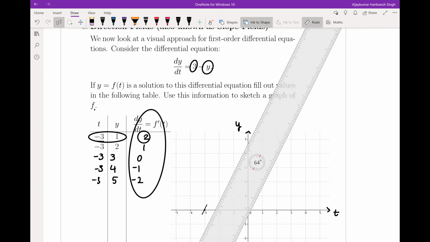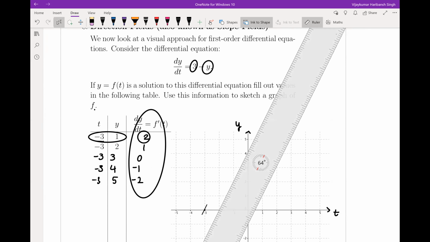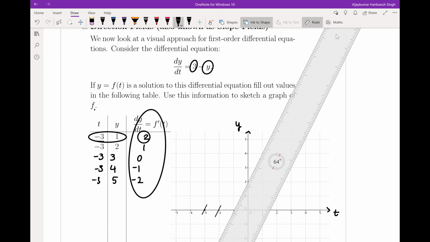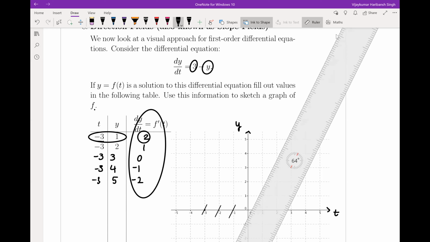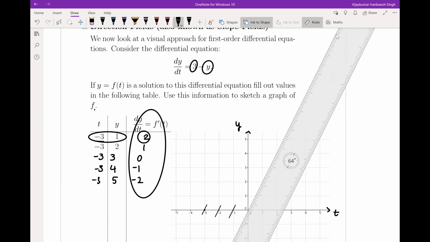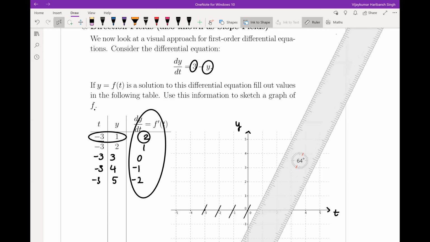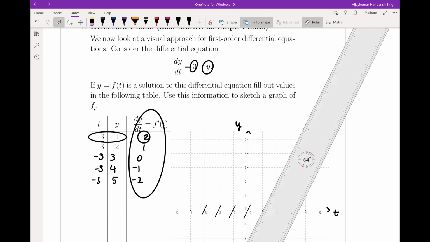Now note that as long as your y is 0, no matter what, your dy by dt would be the same. So let me just draw it anyway. They will all have the same slope. Now this doesn't happen for all differential equations, but in this case, since the right hand side is independent of t.